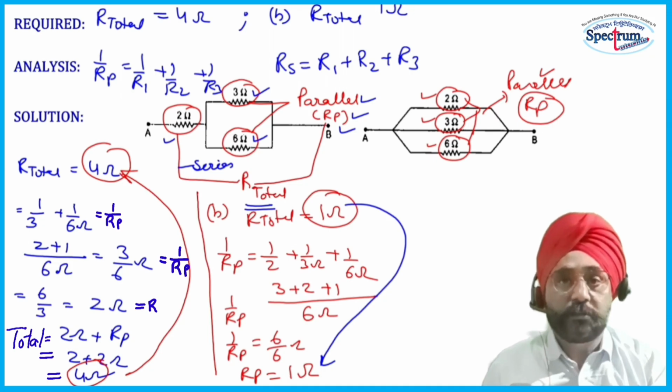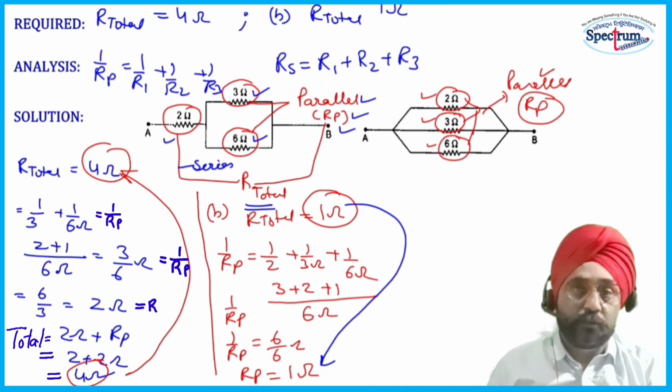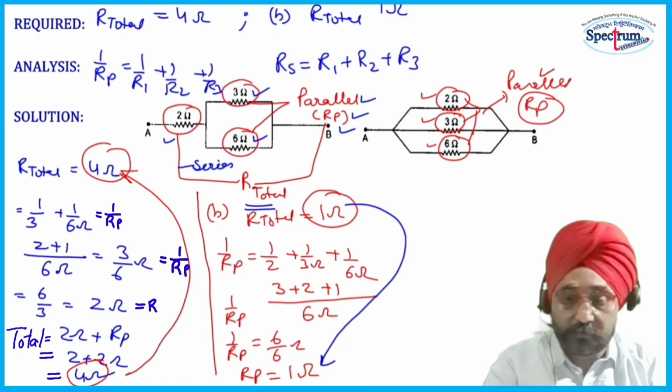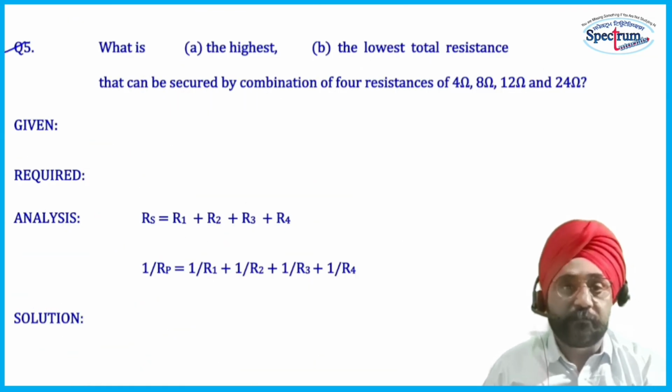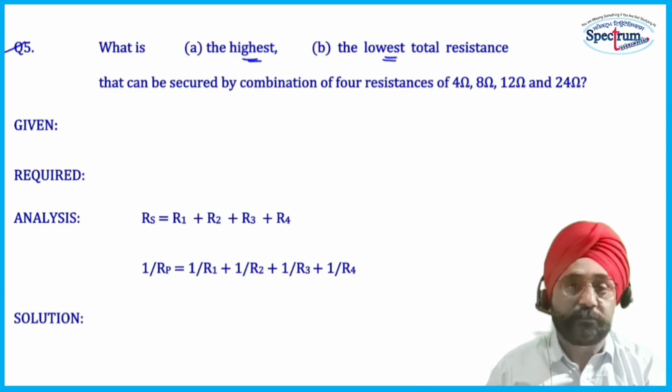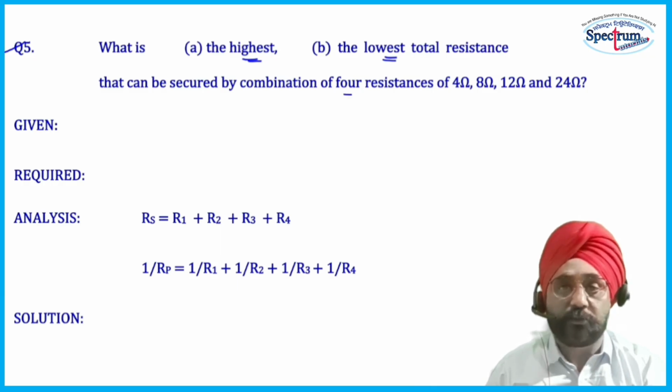So this is how we find out the total resistance. Question 5: what is the highest and the lowest total resistance that can be secured by combination of 4 resistances: 4 ohm, 8 ohm, 12 ohm and 24 ohm?